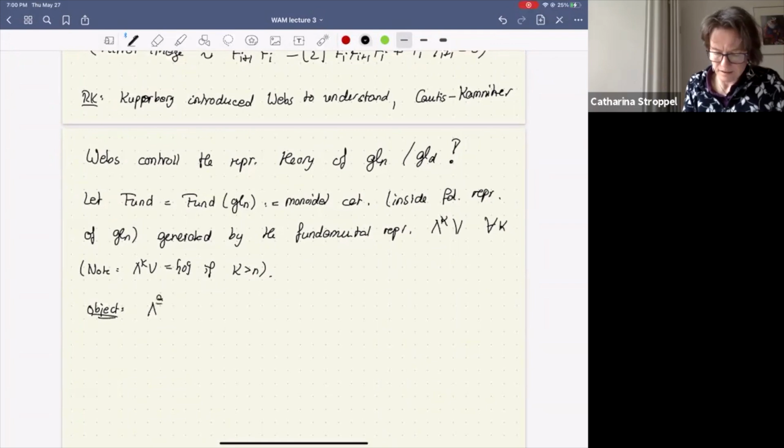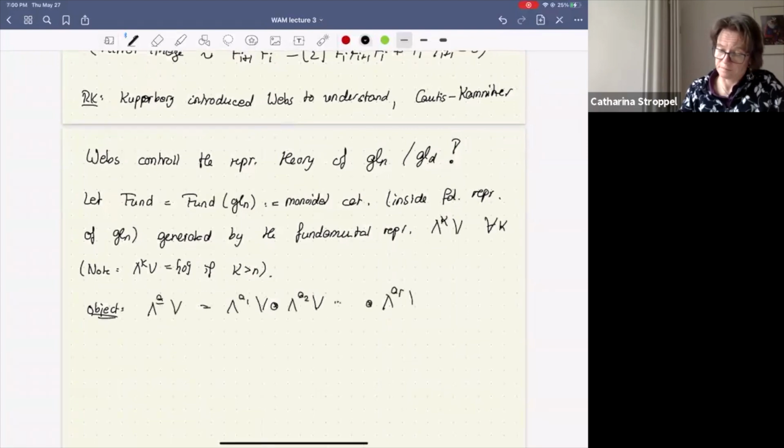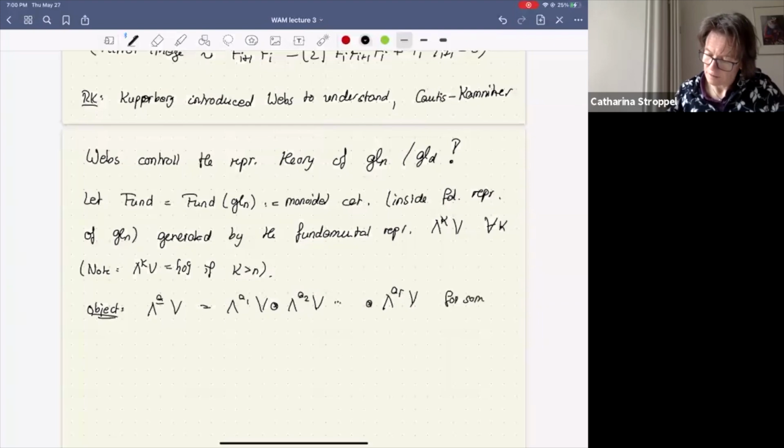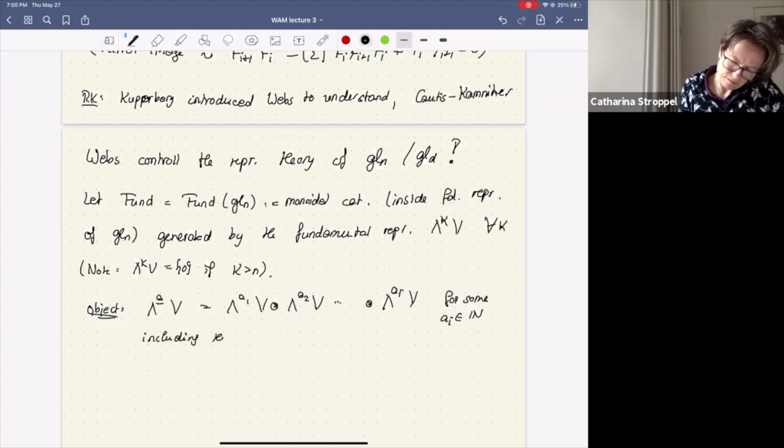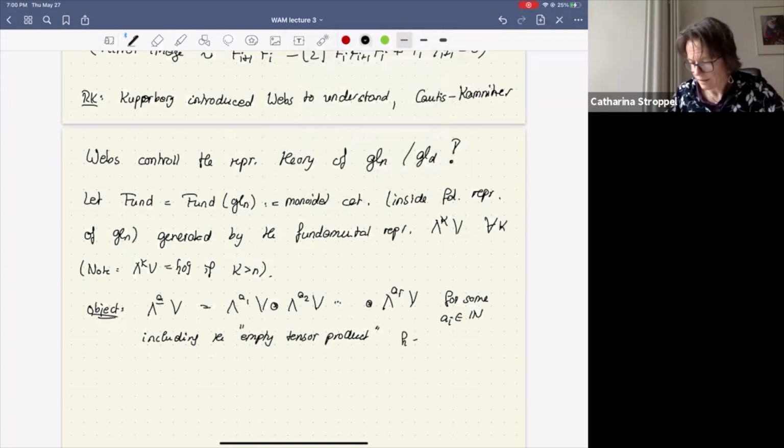So objects are these wedge underlined A, which are these tensor products which we had before in our Skew Howe duality, for some finite R, for some a_i in N, including the empty sequence, the empty tensor product, which we denote by K and interpret as wedge 0 of V.